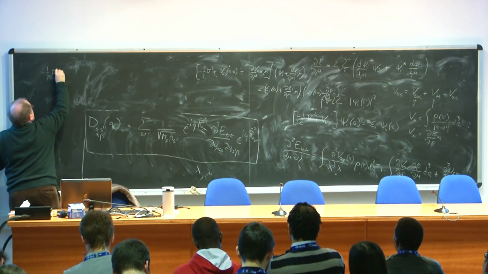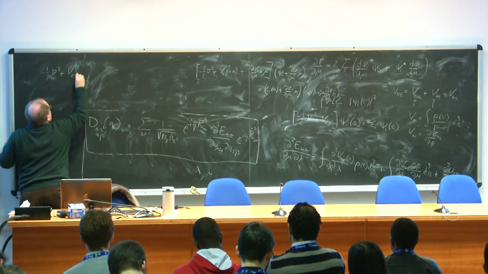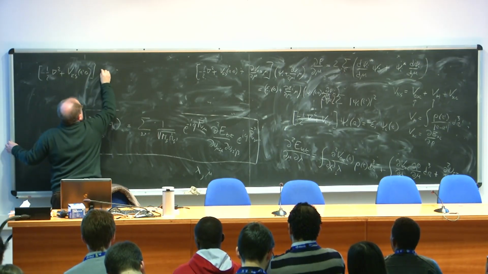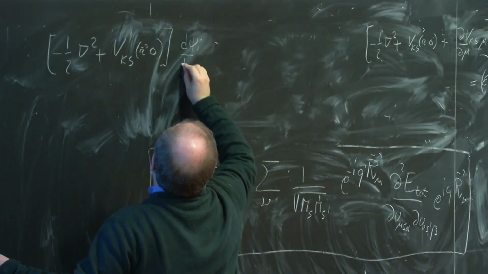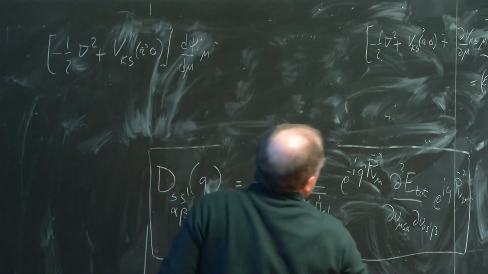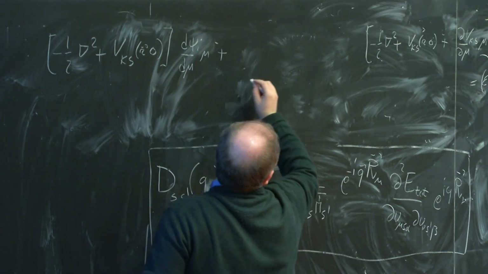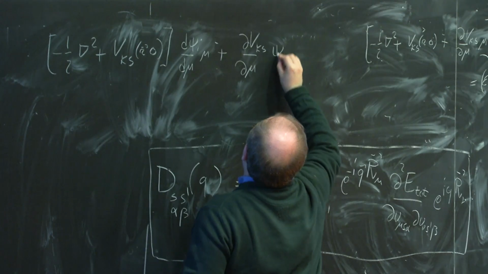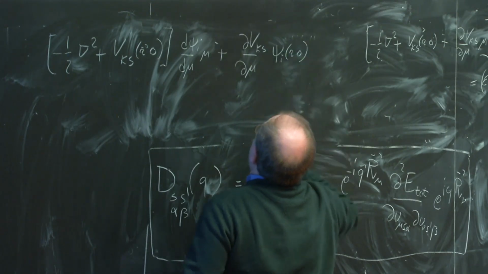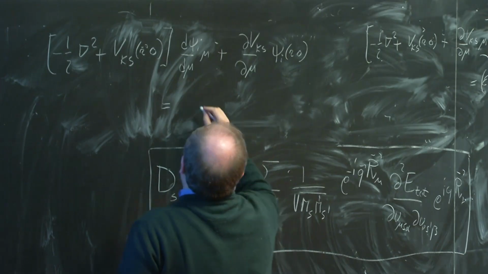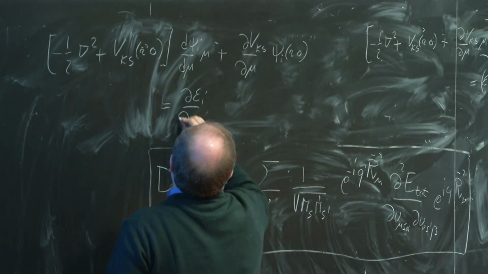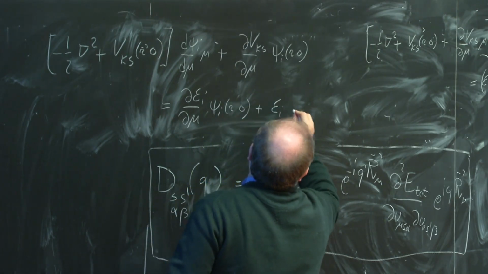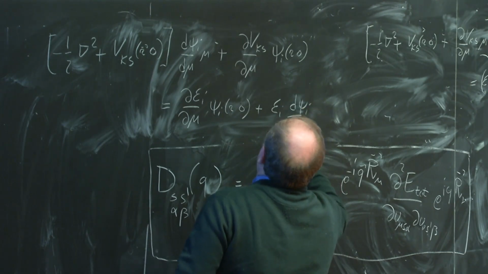Minus 1/2 Laplacian plus V Kohn-Sham of R, applied to d psi over d mu multiplied by mu, plus dV Kohn-Sham over d mu multiplied by phi I of R, equal to d epsilon I over d mu psi of R plus epsilon I d psi over d mu.